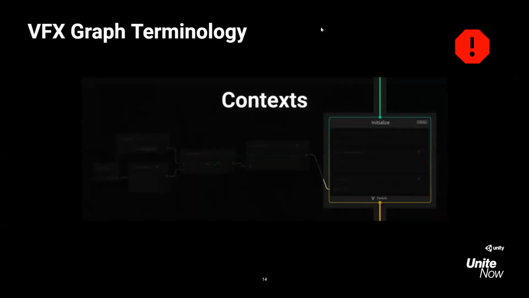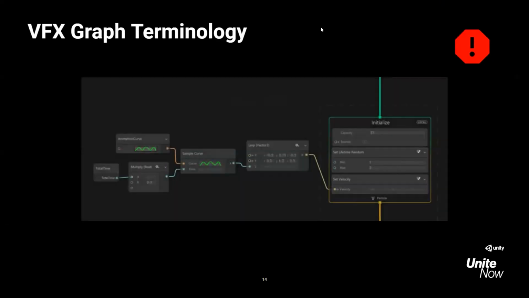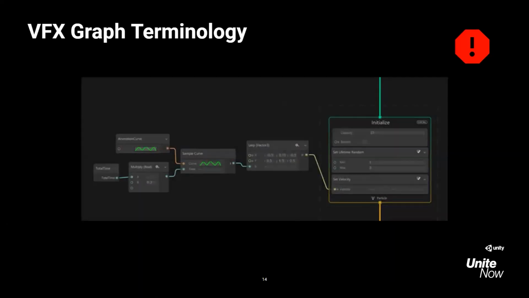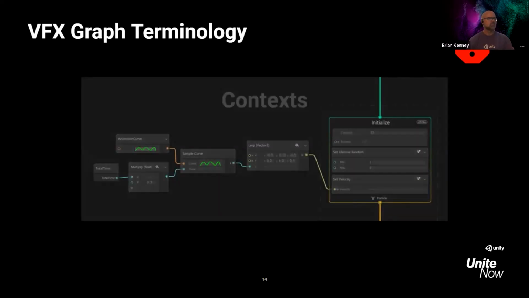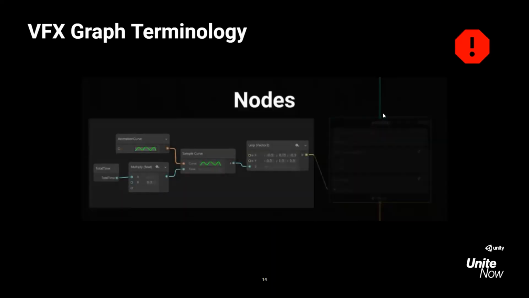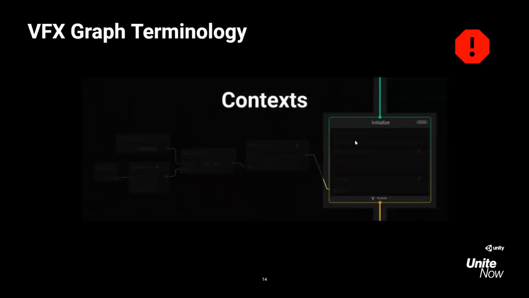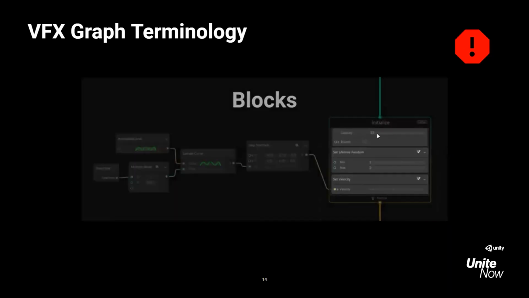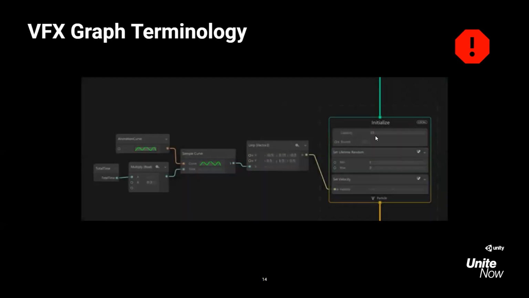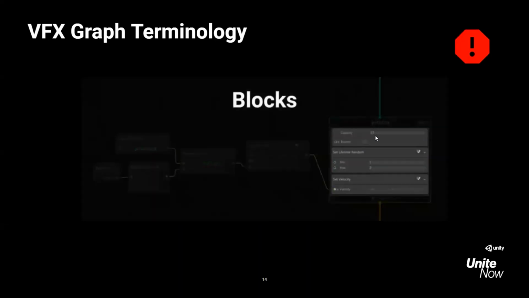Now the terminology in VFX graph. We will see boxes everywhere. The main boxes you will have are the contexts, which are the major categories. Inside you have little green blocks, which are basically the properties we want to change and adapt to achieve a specific effect.